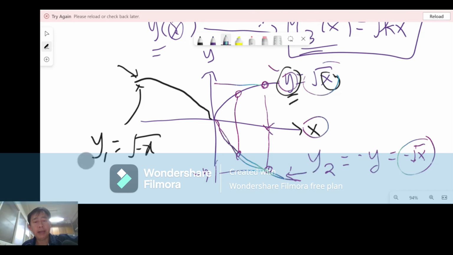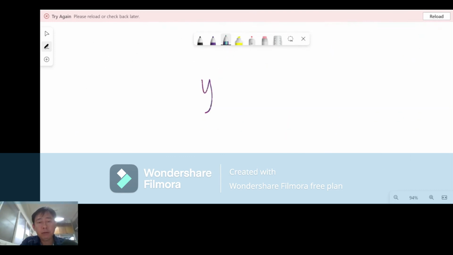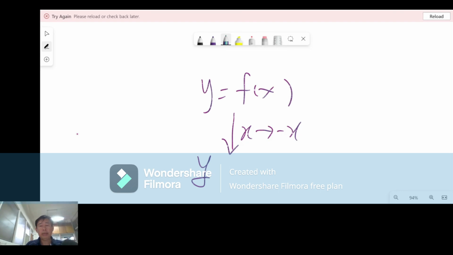Now, having discussed that, if I give you a function and ask you to reflect the function about the y-axis, the operation to do is to replace x by minus x. So the function which is the reflected version of this original function about the y-axis is just equal to the original function of x, where you just replace x by minus x.